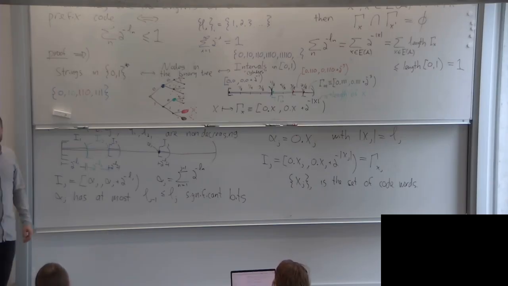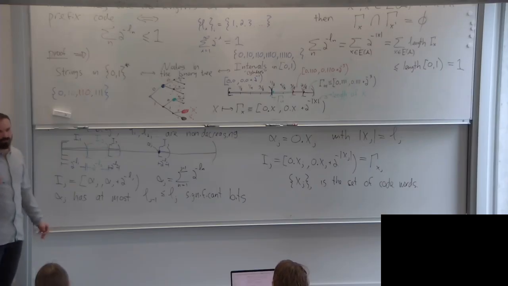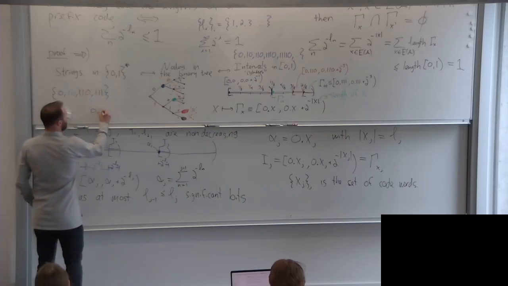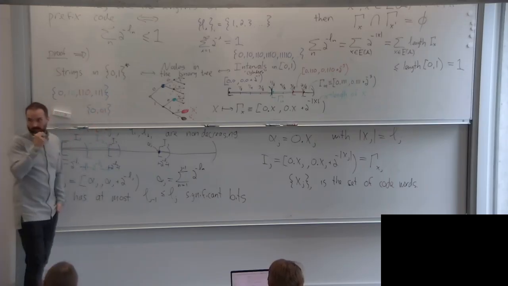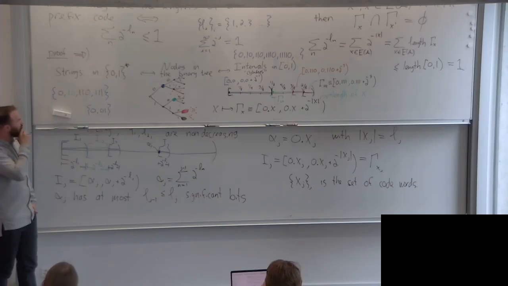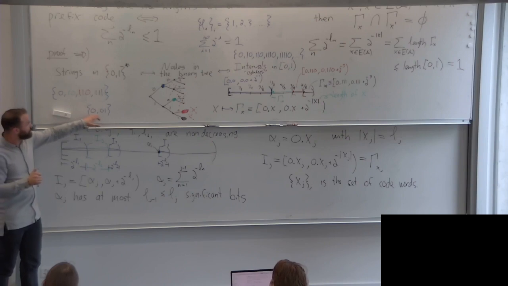E3 from last week fulfilled Kraft inequality, yet it was not a prefix code. I could even do worse. I could do 0 and 01, which is not even going to be a uniquely decodable code. No, it is. Sorry, it is. I lied. It's suffix free. It does fulfill Kraft inequality, but it is not a prefix code.